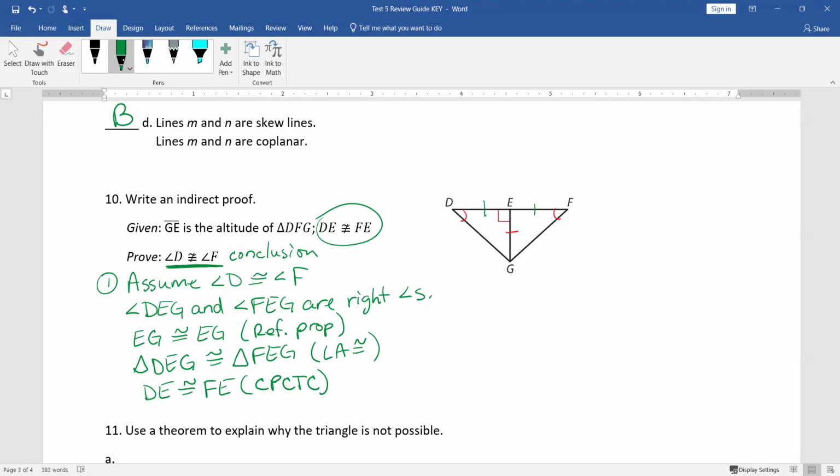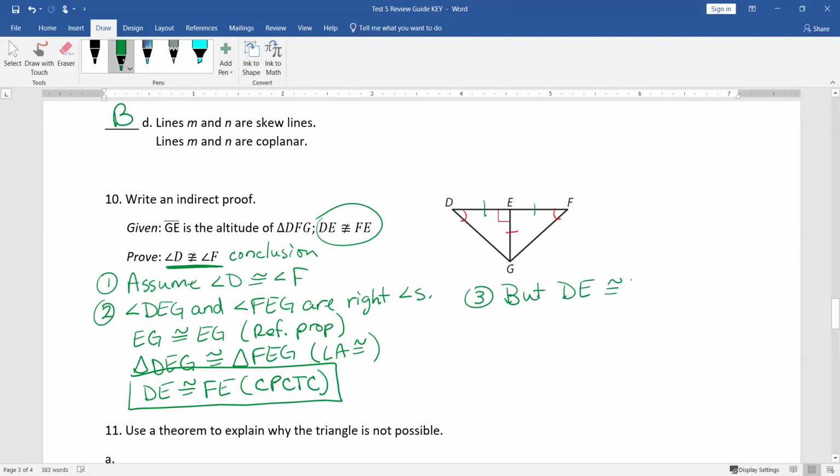So there's my assumption, and using that assumption to prove a part, if that assumption were true, then this would have to be true. However, my given is, think of that as like your absolute truth. So we know that DE is not congruent to FE because it was given.